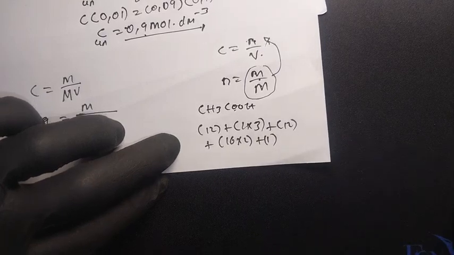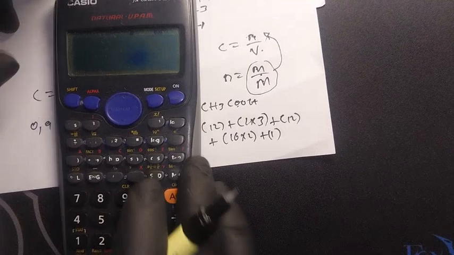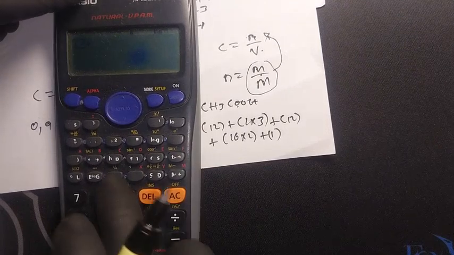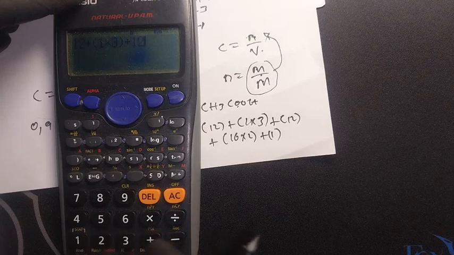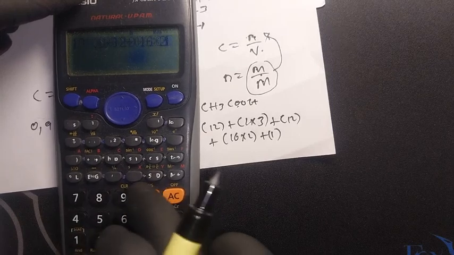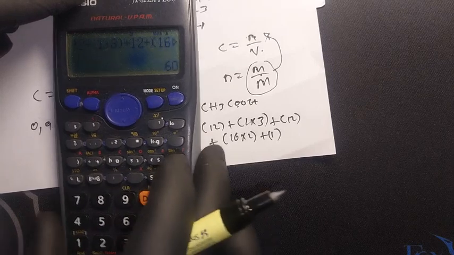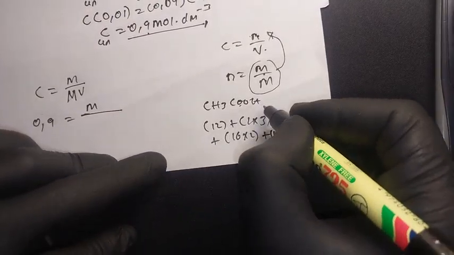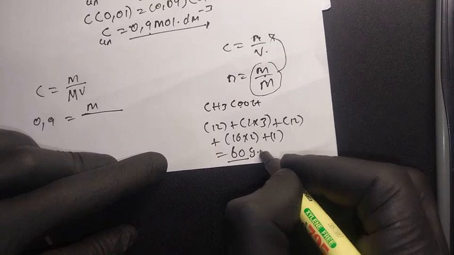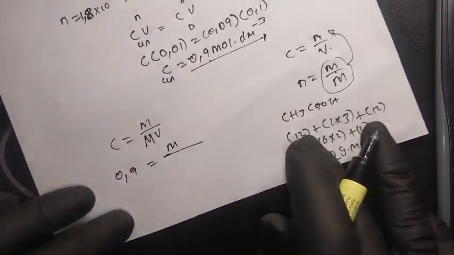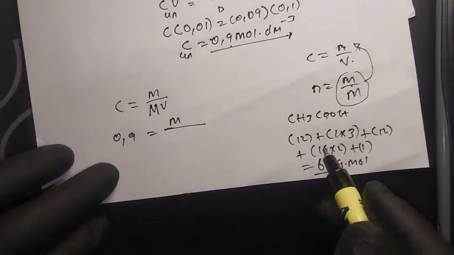When you do it on the calculator, 12 plus 1 times 3, plus 12 plus 16 times 2 plus 1, it gives you 60, which means the molar mass is equal to 60 grams per mole. So now we know the molar mass of ethanoic acid.